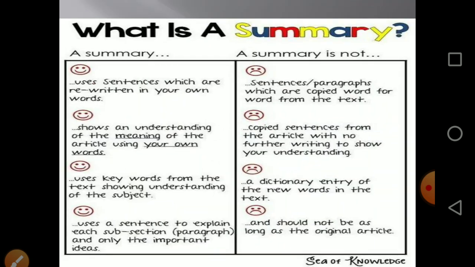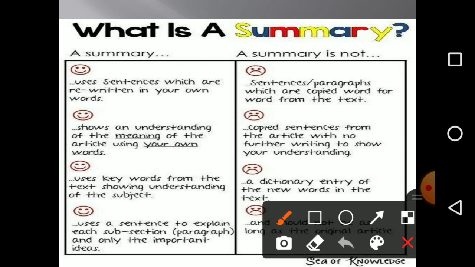Now what is a summary? What should it have? We are going to talk about the same paragraph that we have done. It uses sentences which are rewritten in your own words. It also shows an understanding of the meaning of the article using your own words. Obviously, it uses keywords from the text showing understanding of the subject.